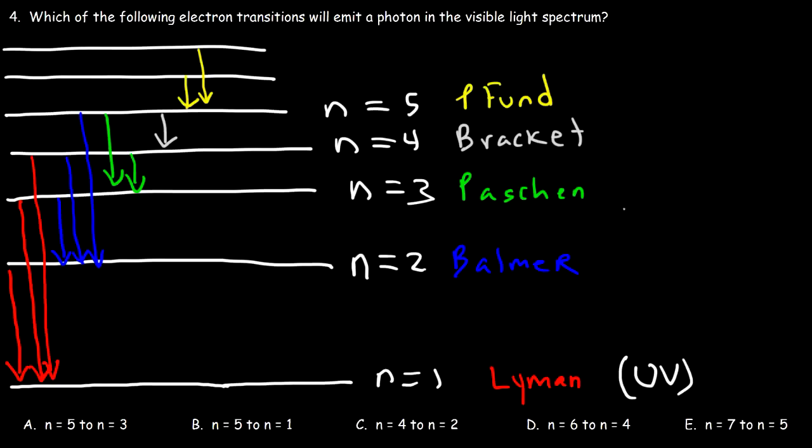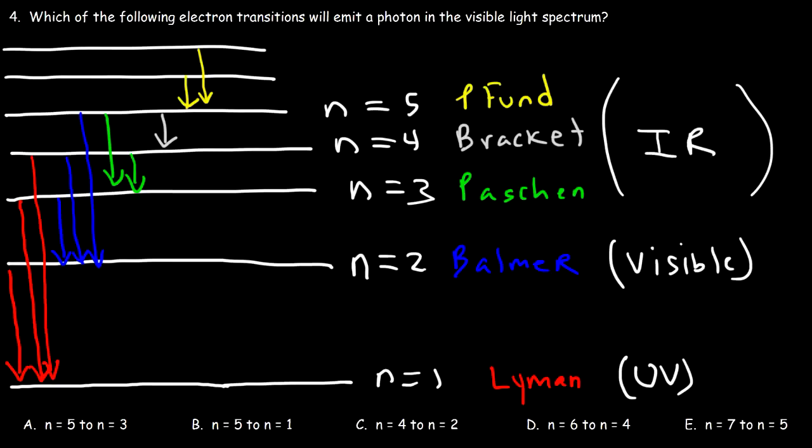The Balmer series is associated with the visible light spectrum. Most of it is visible light, but I think one of them might be UV, but the majority of it is visible light. And everything else, like the Paschen, the Brackett, the Pfund, it's all in the infrared or the IR region.